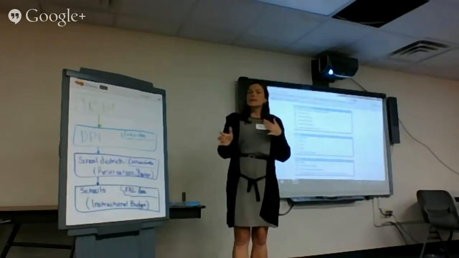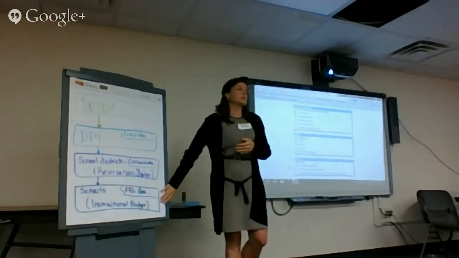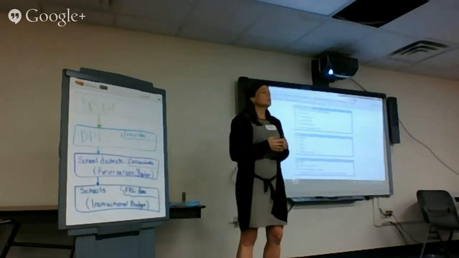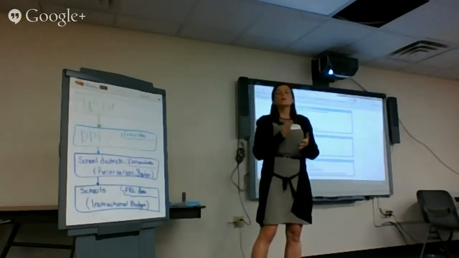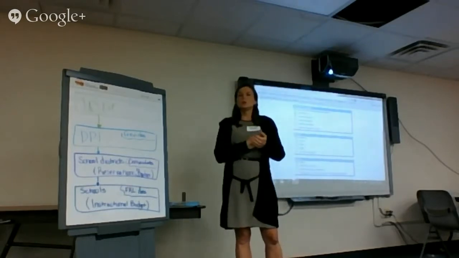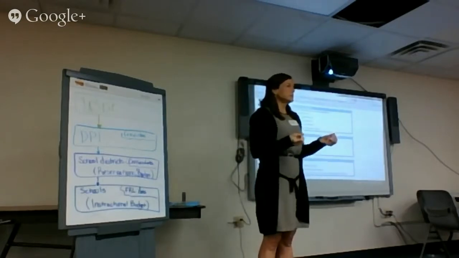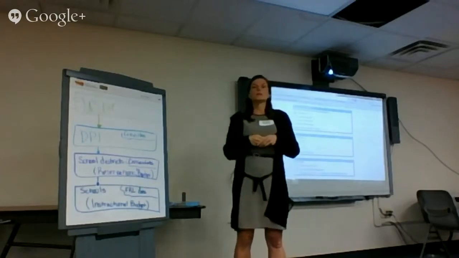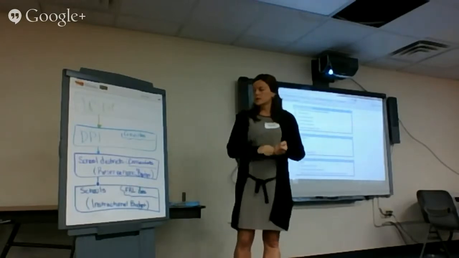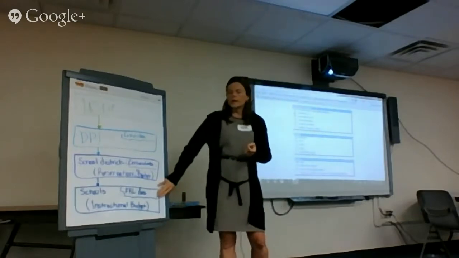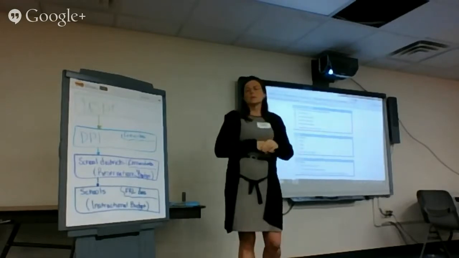So once you decide to take reservations or not, then you have to divvy out your money to your schools. And this is where your free and reduced lunch price data comes into play. Now the law says there's lots of ways you can use to determine low-income students in your school, but the majority of districts, and I think like 98% of districts in Wisconsin, use free and reduced price lunch data. That's why I put that on here, because I believe everybody in this room uses your free and reduced price lunch data for this.